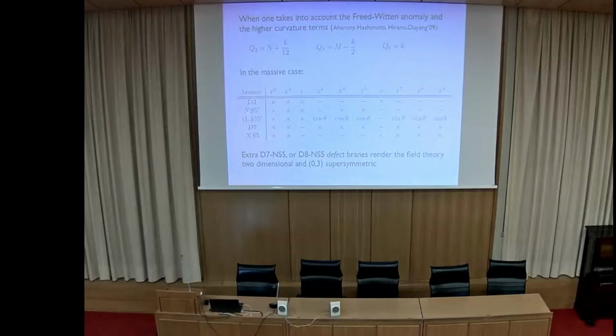So you see that in ABJM, the intersection is three-dimensional. Now, when we introduce the D7s in a way that the supersymmetries are preserved, the ones that you find in the solution, you end up with a two-dimensional intersection. This would be like our defect branes, and when you put all the branes together, the lower-dimensional common brane.